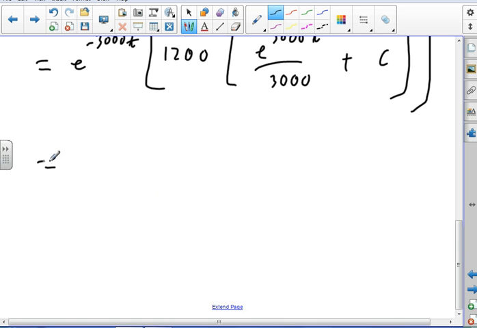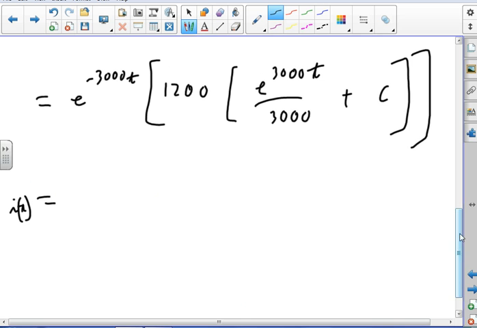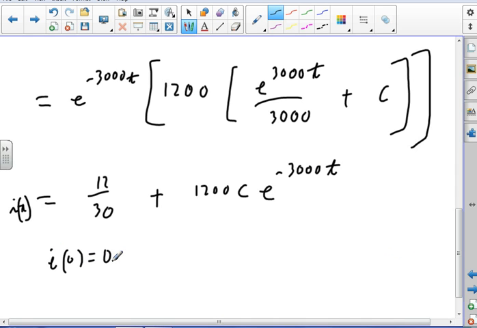Alright, so I'm going to have I of t equals, he goes away, 12 over 30 plus 12,000 c e to the minus 3,000 t. Okay, that looks good. I at 0 is 0. Is that true? Yes, that's true.